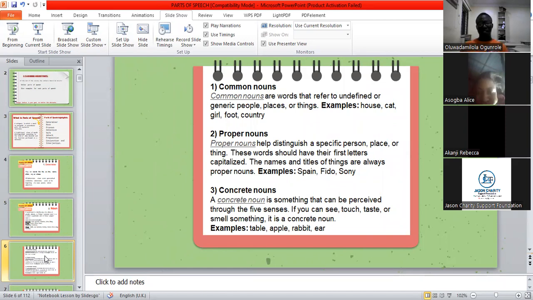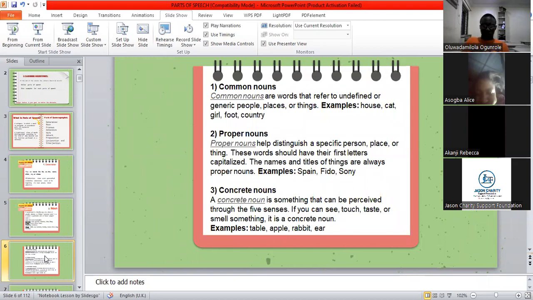But for proper nouns, either at the beginning, in the middle, or at the end of the sentence, they must always begin with a capital letter. So if you're writing your name 1 million times, you must begin with a capital letter. If you're writing Lagos, for example, it is a proper noun because it's a specific name of a place.